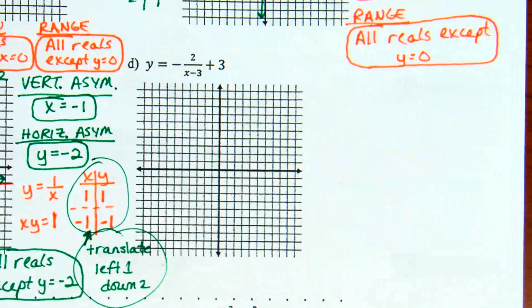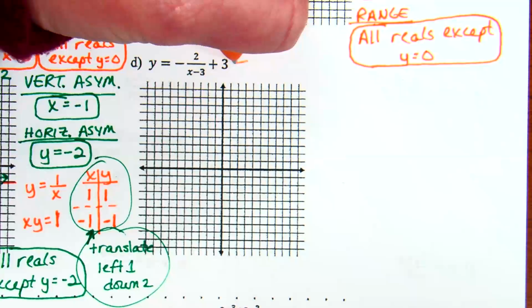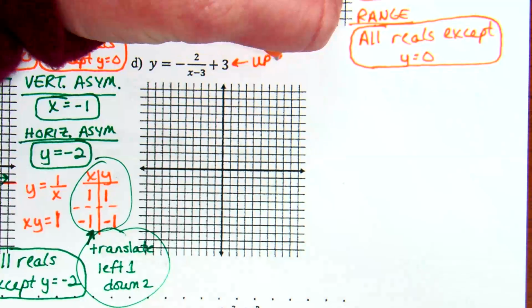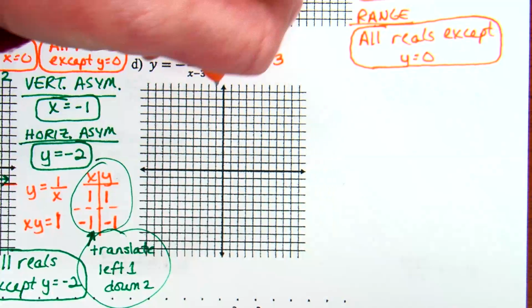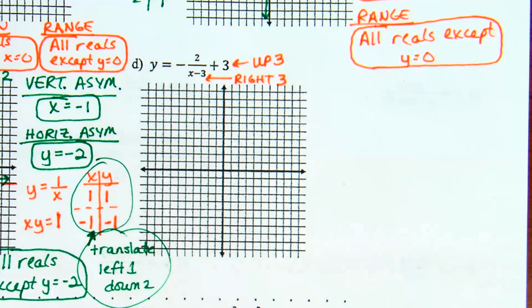Okay, so what are the pieces you see happening here? This +3 here is up 3. -3 with the X is right 3. Now, can you graph your asymptotes? If it says to go up 3, take my horizontal asymptote and move it up 3.